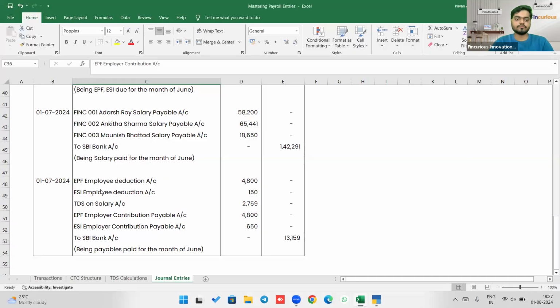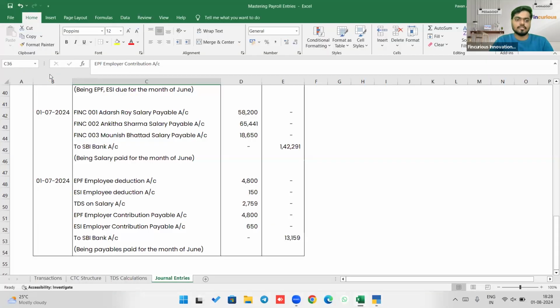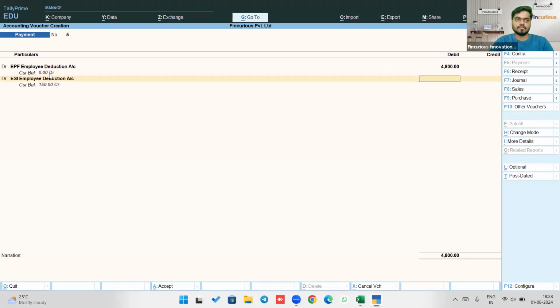EPF employee deduction account. How much amount? That is 4,800. You can see whenever you are debiting back the liabilities, the current balance of the liability would become zero. Then ESI employee deduction account, that is 150.